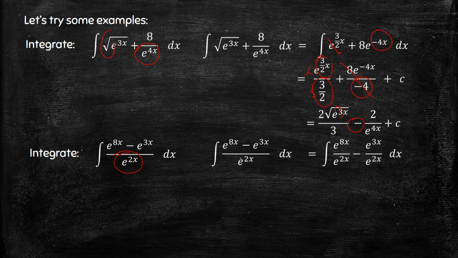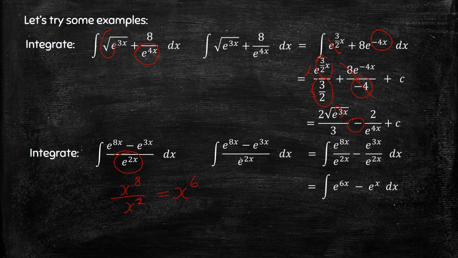Now, using your indice laws, if you had x to the power of 8 over x to the power of 2, the x is your similar base. As long as I've got the same base, you can simplify that to e to the 6x by subtracting the powers. Same thing happens with these ones. You've got the same base of e, so you can subtract the powers.